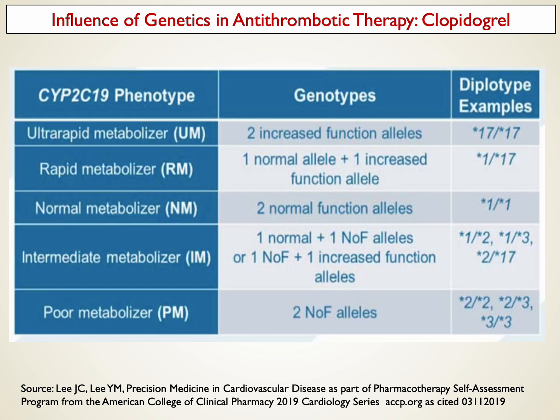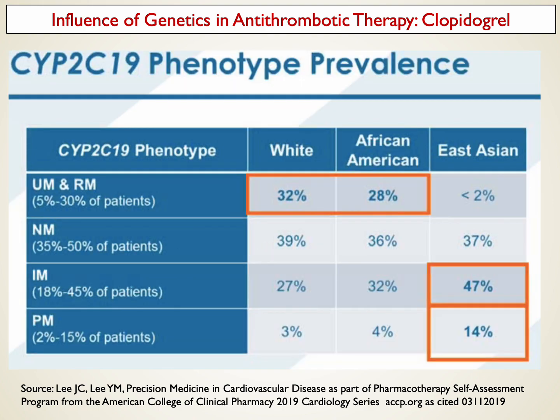As we see folks with their genotype, how that presents phenotypically varies. Among those of Northern European descent, for example, ultrametabolizers or rapid metabolizers represent about 30 percent, or a third, of the population. Normal metabolizers are a little more than a third, and poor metabolizers are actually quite a low percent.